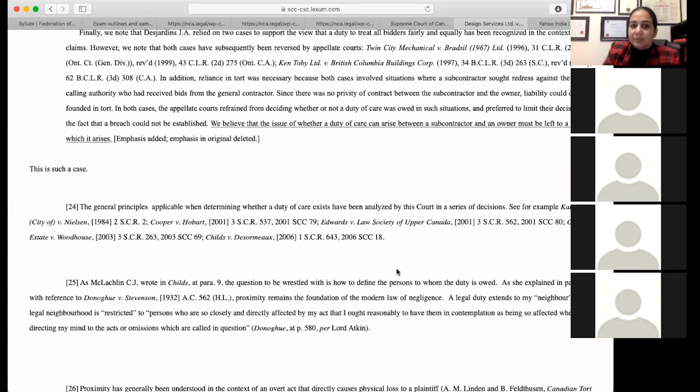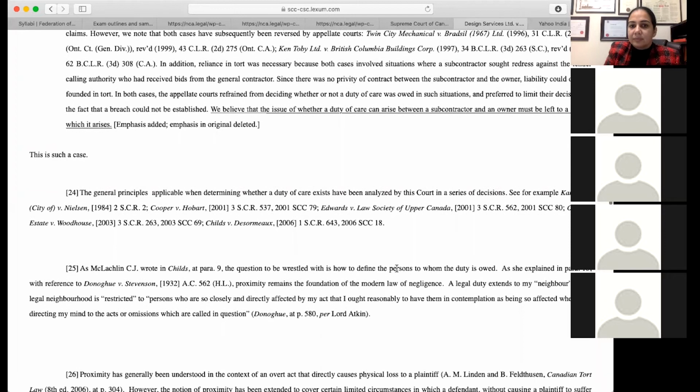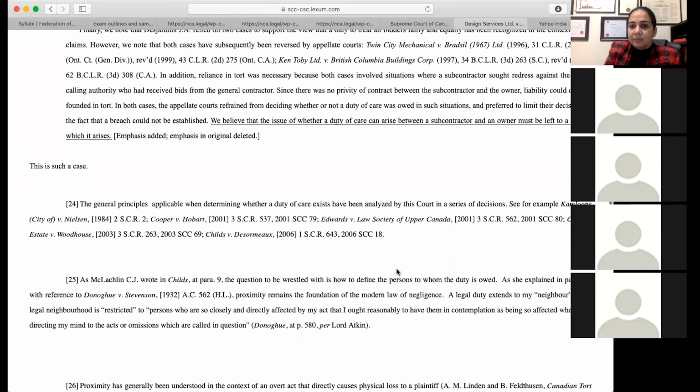In addition, reliance in tort was necessary because both cases involved situations where a subcontractor sought redress against the tender calling authority who had received bids from the general contractor. Since there was no privity of contract between the subcontractor and the owner, liability could only be founded in tort.